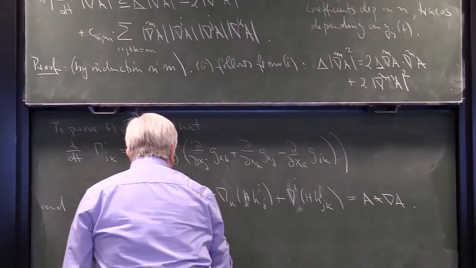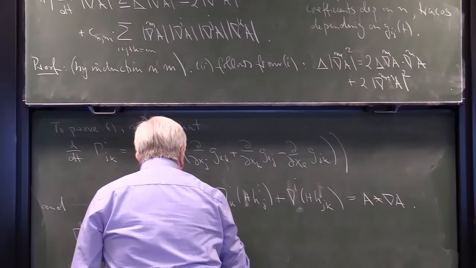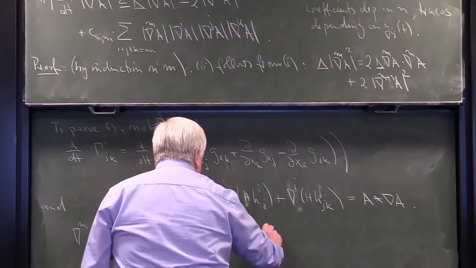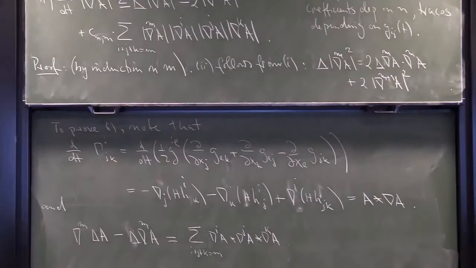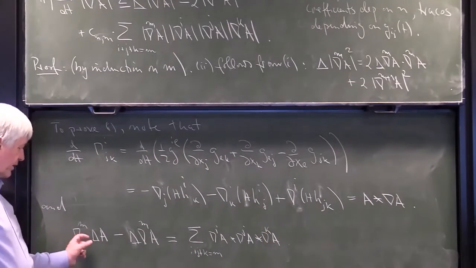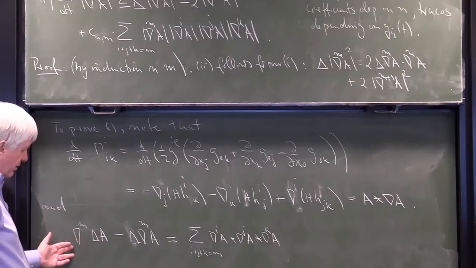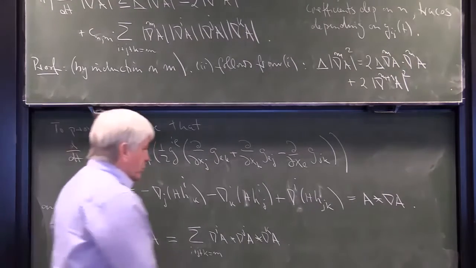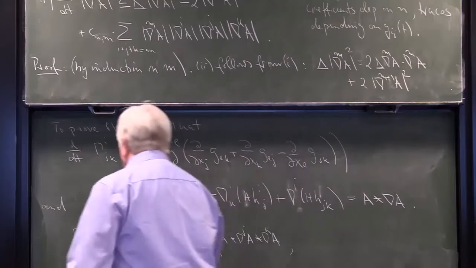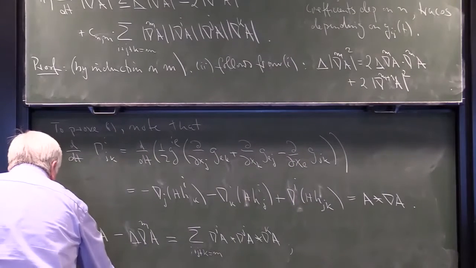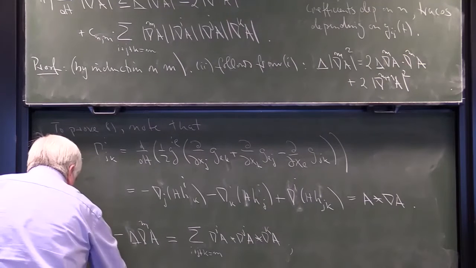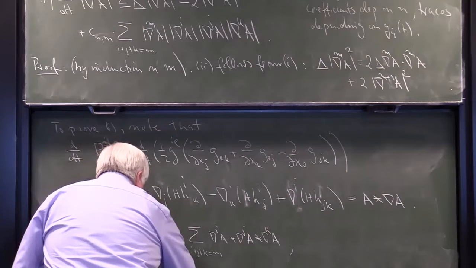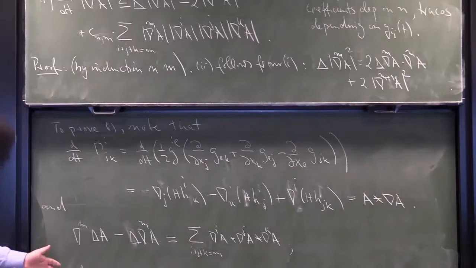So you can write them as the sum over I plus J plus K equals M of gradient IA star gradient JA star gradient K. And so you convince yourself that this is what happens when you commute second derivatives, and then you use the evolution equation of A. So the third ingredient you need, of course, is that the ddt of A itself is equal to Laplace A plus A star A. So this is your starting point, and then you do it by induction.